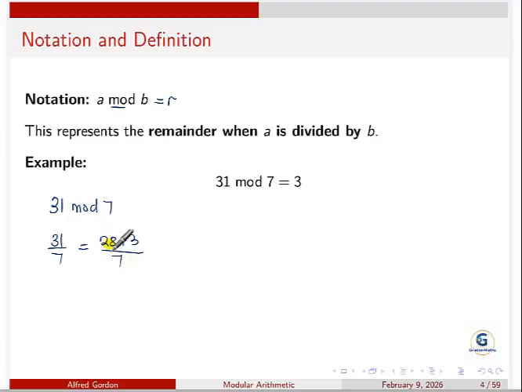But we know that 28 is divisible by 7, therefore the remainder is 3. So this gives us 4 whole number, 3 on 7, meaning that our remainder is 3, and that is what you are seeing here.